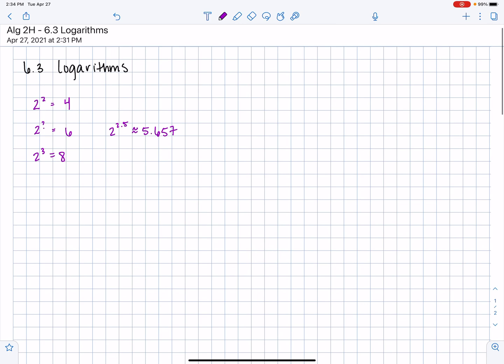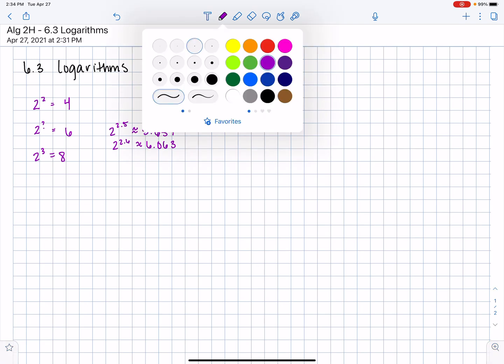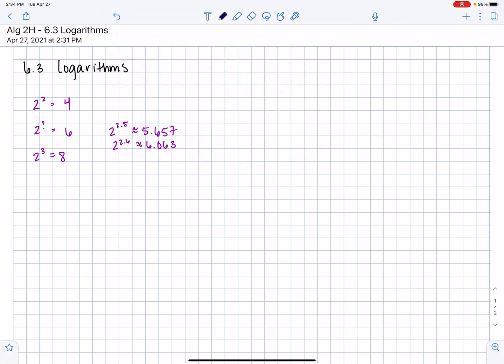Now let's try 2.6 and see where we're at with that one. So we plug this into our calculator, and we get 6.063. A lot closer on that one. We are almost there.